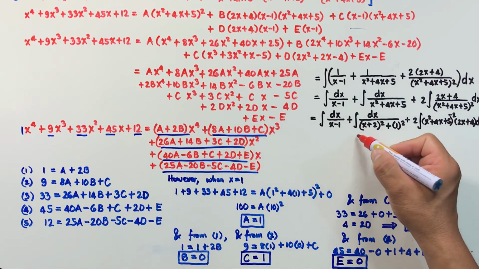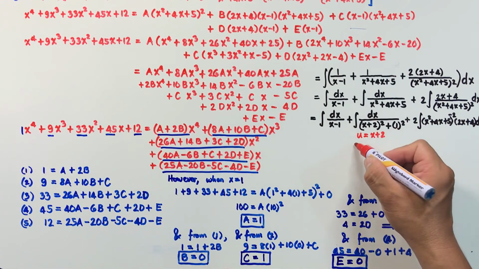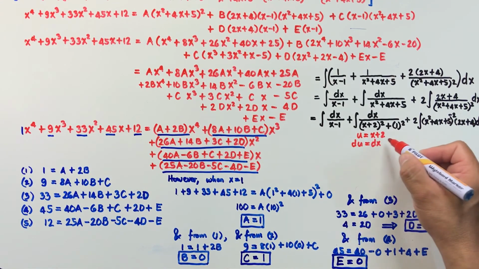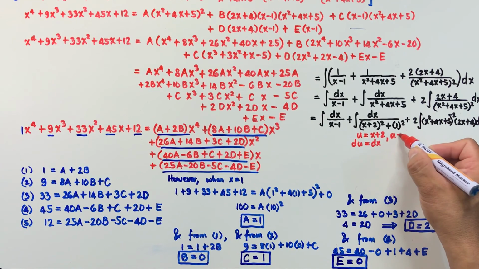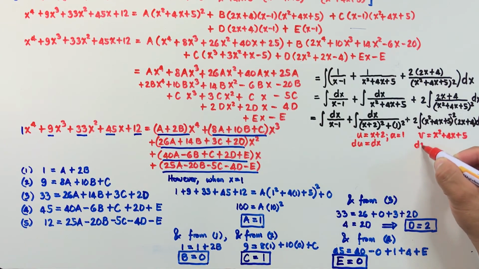And when we let our u be x plus 2, we notice that our du is dx. But here our a is 1. And also when our v is this quadratic trinomial of x squared plus 4x plus 5, we notice that our dv is just 2x plus 4 quantity dx.